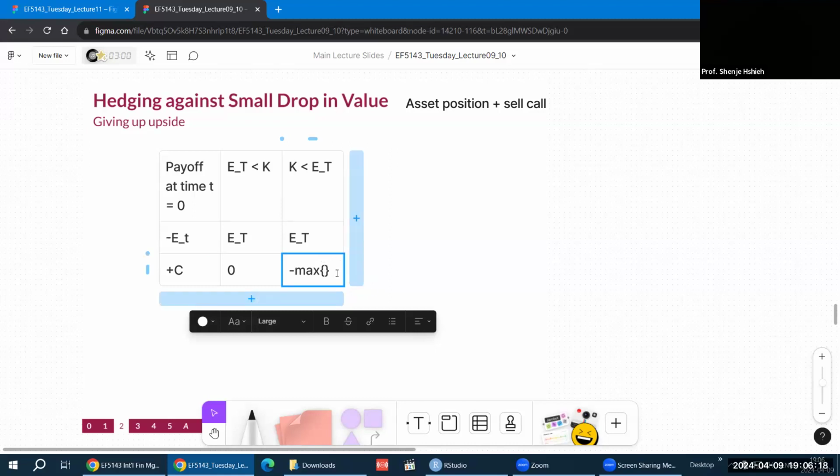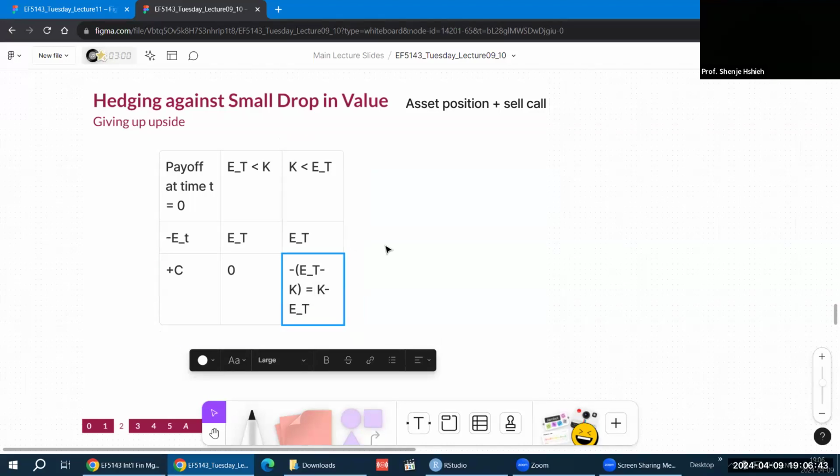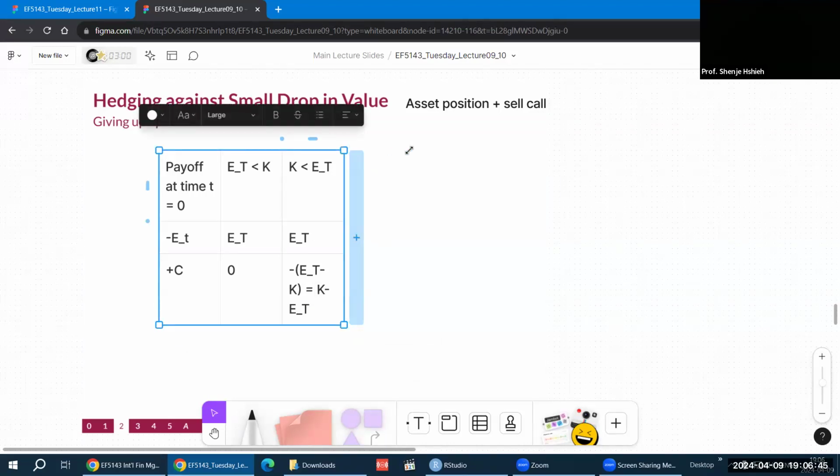So the good state is, sorry, it's a minus (E_T minus K), right? E_T minus K is the scenario in which E_T is greater than K, but it's a minus sign because I have to pay out the person who bought the option. I have to satisfy the agreement, right? If the buyer exercises the option. So let's see.